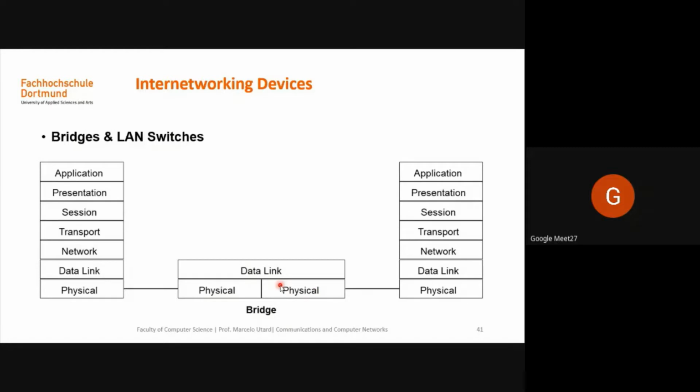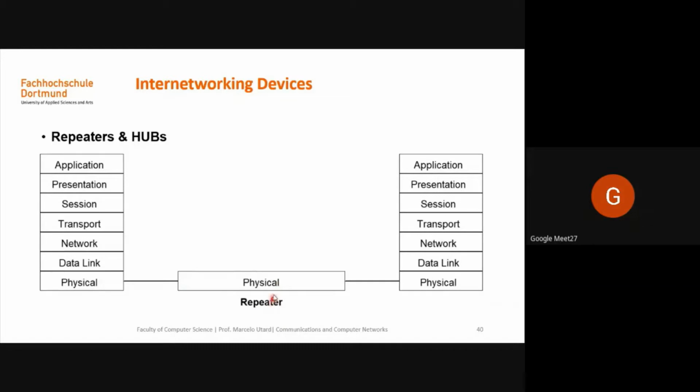This is an important difference compared with the repeater or hub, because the repeater doesn't store the frame, and there is only a very short delay from the arrival of a bit in that interface and the transmission of that bit in the other interface.